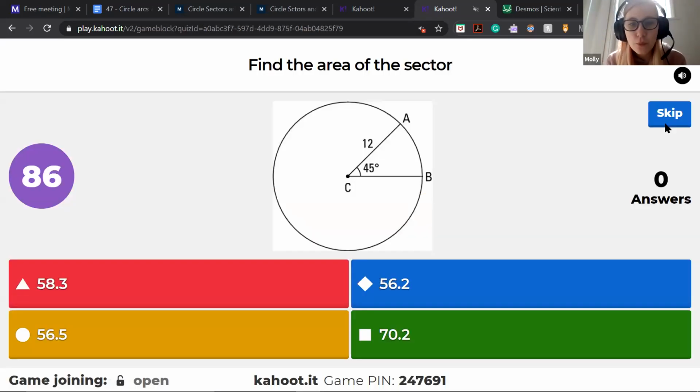Okay, this time it's the area of a sector that we want to find here. Now, it doesn't actually make it clear which sector. It's the small one, the one with the 45-degree angle, because remember, Pac-Man is a sector as well.